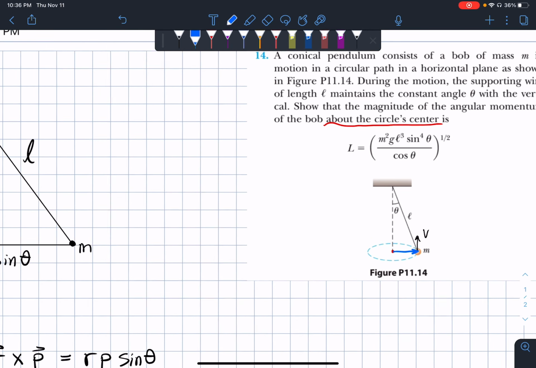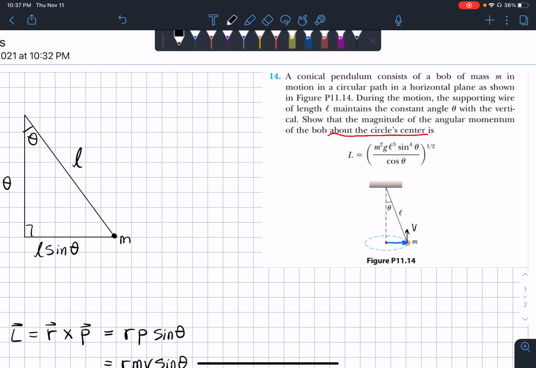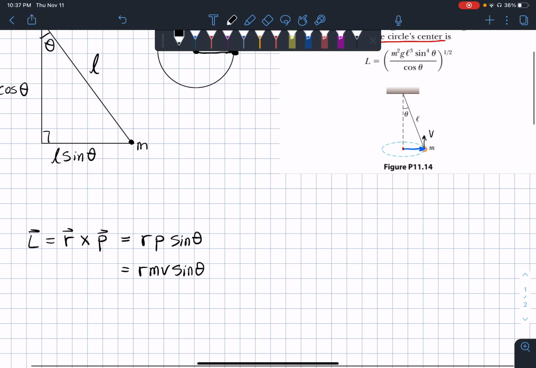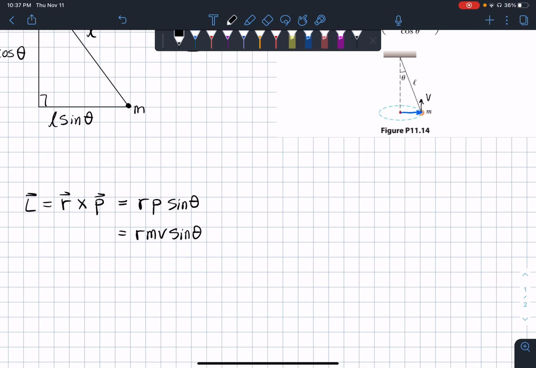I'll just draw a quick top-down view, as if we're looking from above. The mass would be here, traveling with a speed v. Here's the origin, the position vector would go here, and this is all to say that the angle between them is 90 degrees. So that angle is this angle right here.